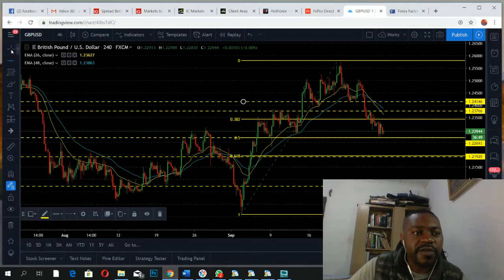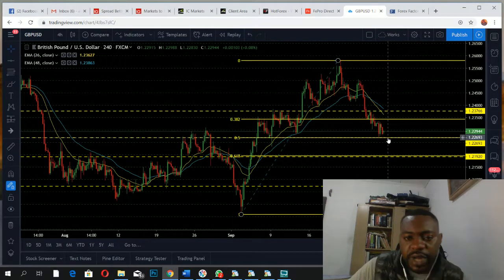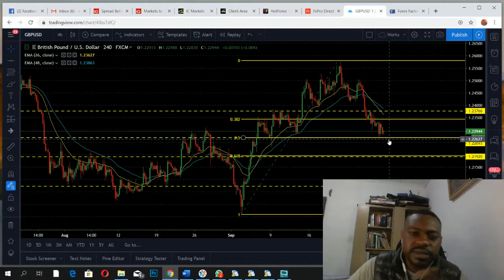So if you want to add positions on this trade, I think breaking this low, which is the 50% Fibonacci, is going to be a good position to enter this trade. So that is it. Simple. You want to determine if there's a reversal pattern.